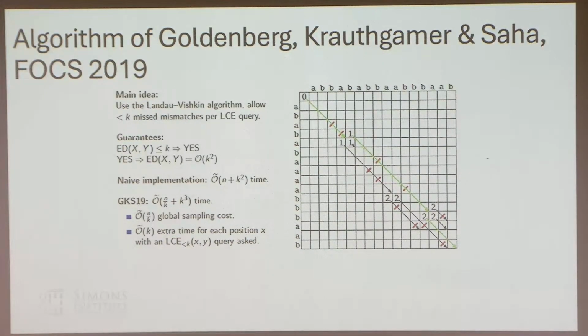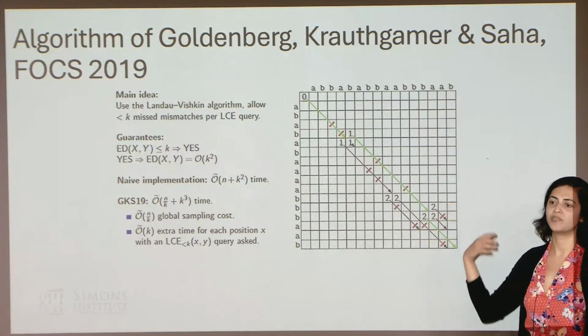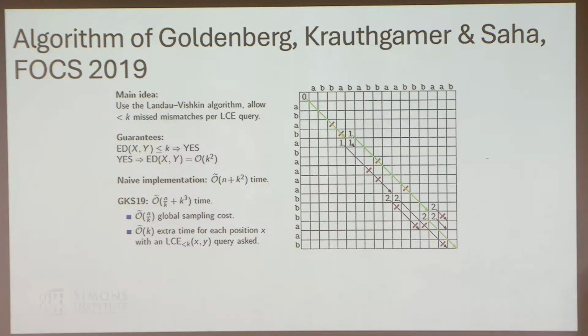And how many approximate LCEs are you trying to compute? Again, there are order of k diagonals. Per diagonal, you might be computing k approximate LCE queries, and for each of them you have to pay this. So overall, a total of order k squared LCE queries. For each of them, you will be doing this local sampling of k entries.